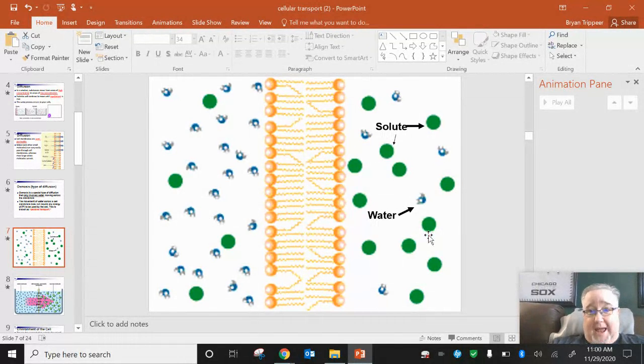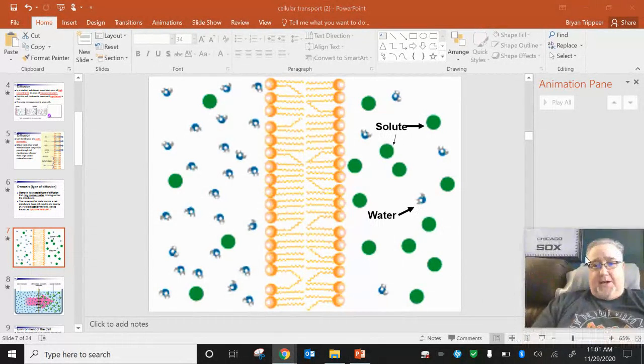Whereas on the right-hand side, there are not very many water molecules. So this is not very highly concentrated with water. So again, if water moves from areas of high to low concentration, we would expect that the water molecules on the left are going to go over to the right until they balance themselves out. So let's see what happens here.